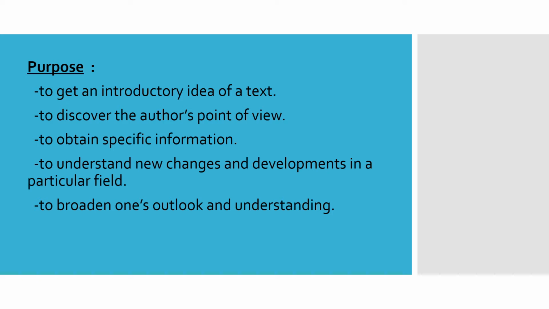Then second is to discover the author's point of view. When you read an article or an editorial, what you want to know is, after all, what is being said by the writer? What is his point of view? You must have observed, because you're in the habit of reading newspapers, that we have columnists who have a certain bent of mind and a certain analytical or critical view.